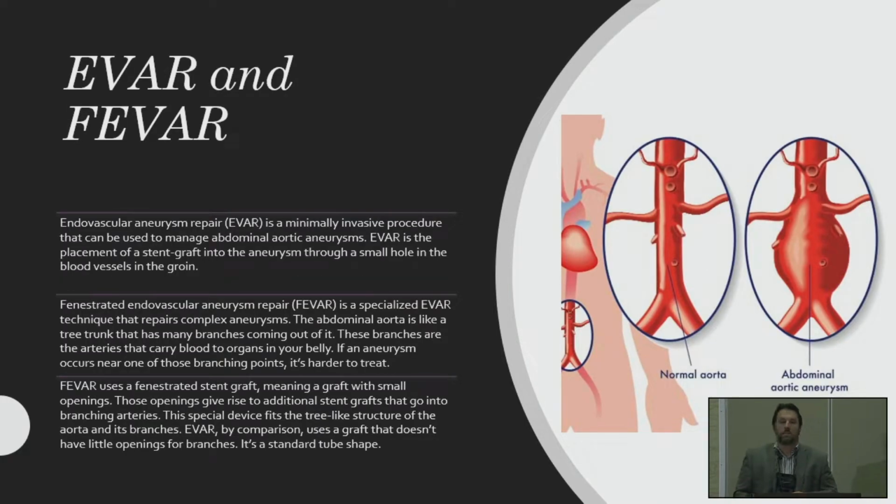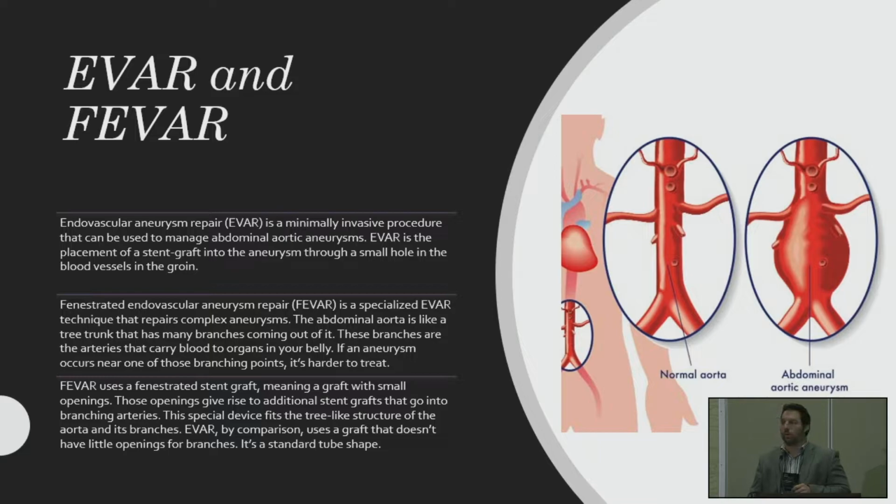So what am I talking about when I say EVAR or FEVAR? EVAR, or endovascular aneurysm repair, it's like I said, it's that little tube that goes in through the groin, and we think about it kind of like a straw inside of the aorta. So EVAR is a simple tube. FEVAR is a type of EVAR. It's the same tube, only they've now added some holes and some scallops because the aorta has branches, right?